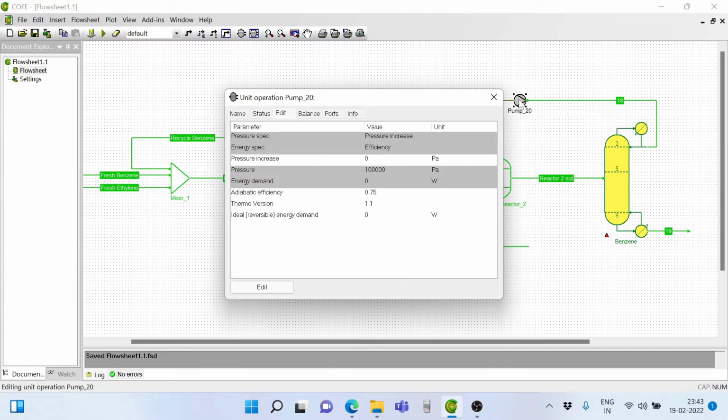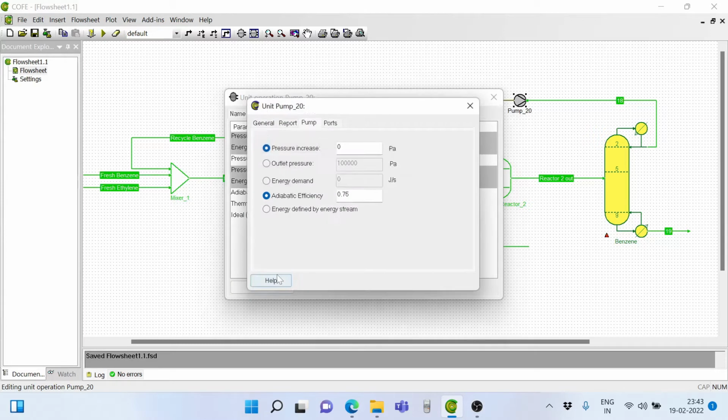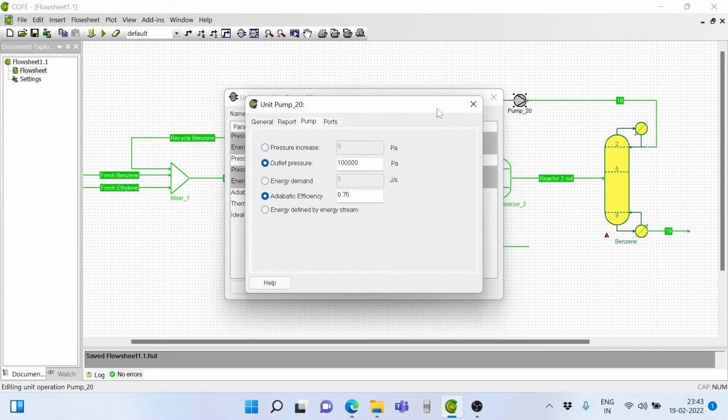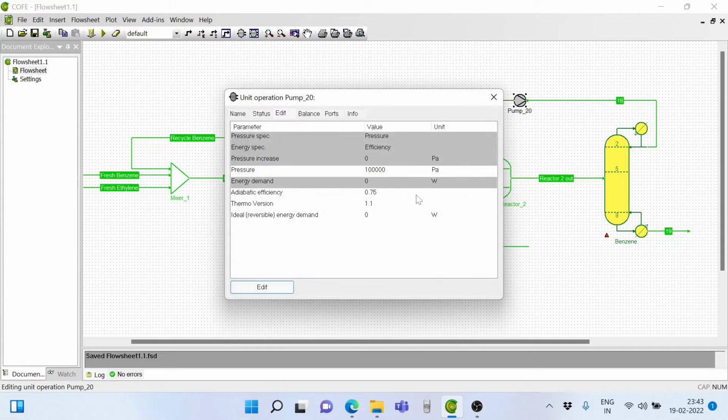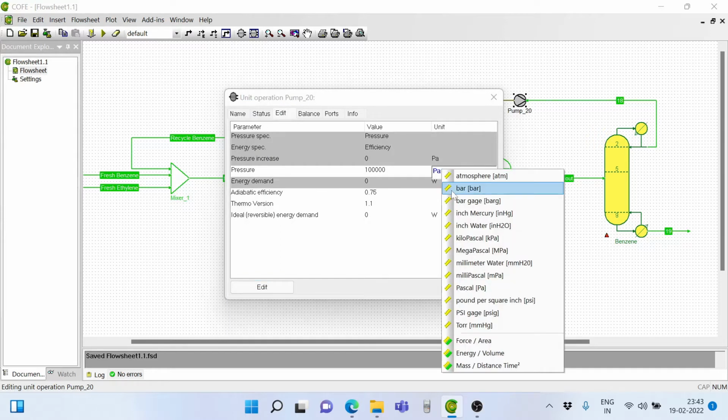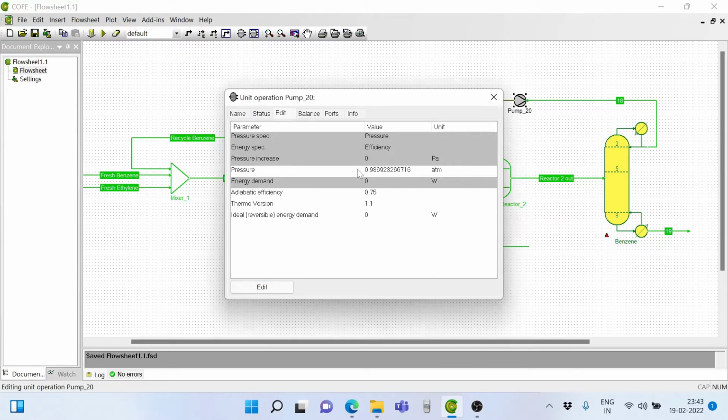Now double click on the pump, go on edit, select outlet pressure, and then afterwards come here. This is where we can set the outlet pressure and type in 20.